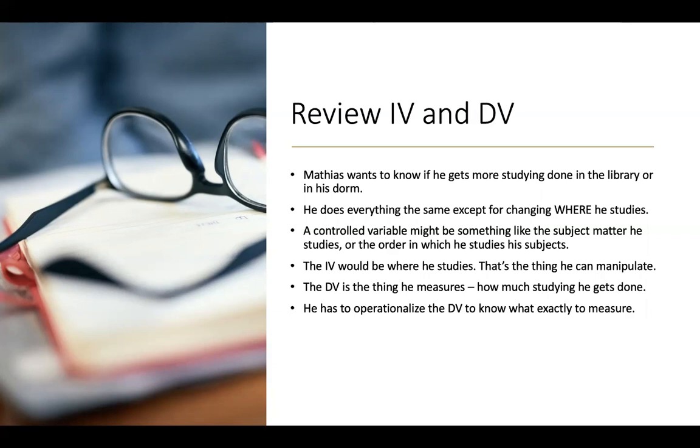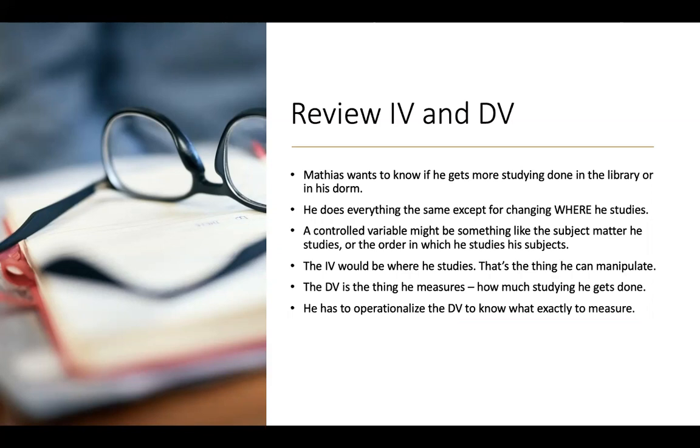And so the independent variable is the one that he changes. In other words, where he studies. That's the one thing that he can manipulate. The dependent variable is what his outcome is. And so he has to operationalize the construct of how much studying I get done. And that operational definition of how much studying I get done, that is the outcome.